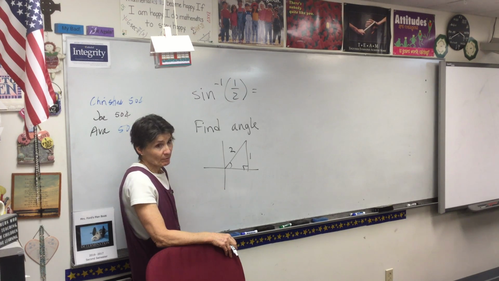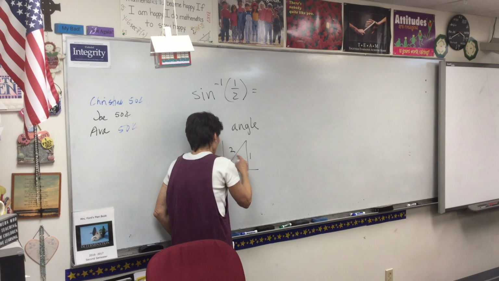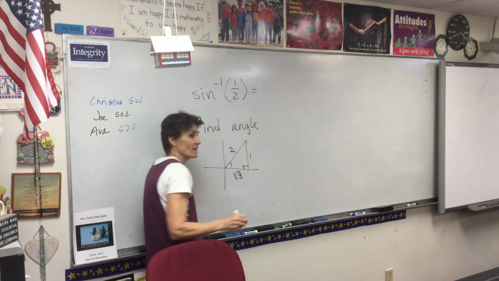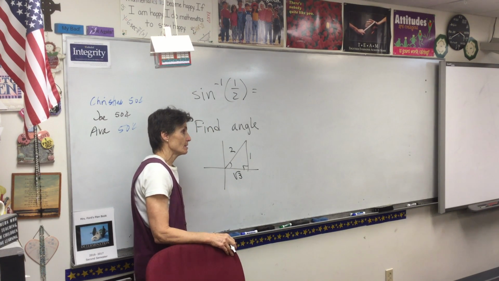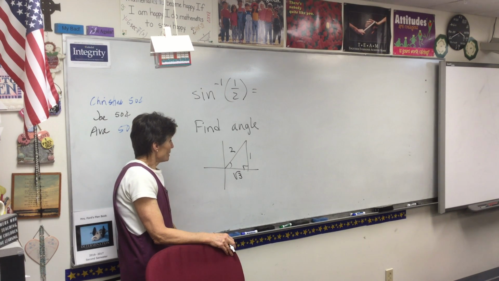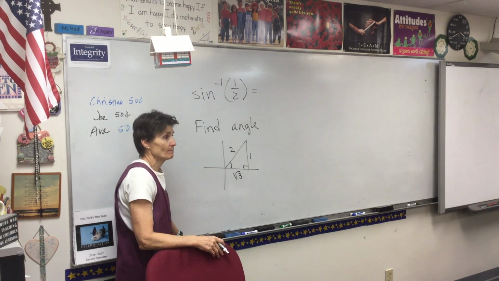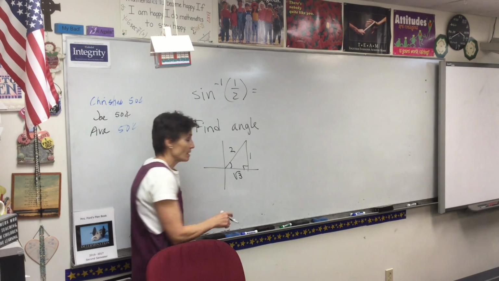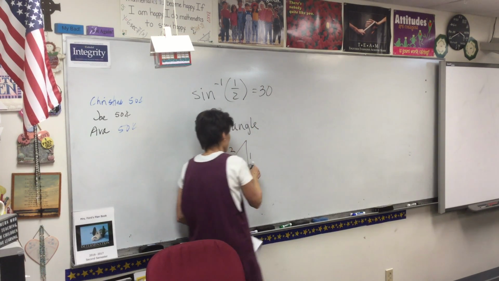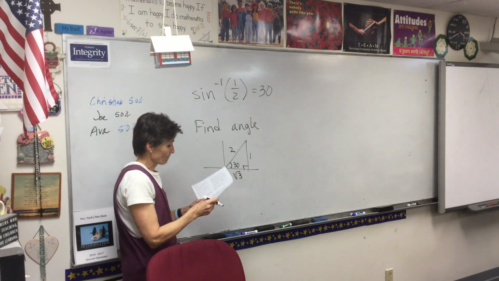Now I can do the Pythagorean Theorem, or I can just recognize, look, that's a 1, that's a 2. This one must be a √3. But you can do the Pythagorean Theorem if you don't trust your memory. Without a calculator, you should be able to tell me how big this angle is. It's 30 degrees, because in a 30, 60, 90, across from the 30 is the 1. So that's a 30-degree angle.